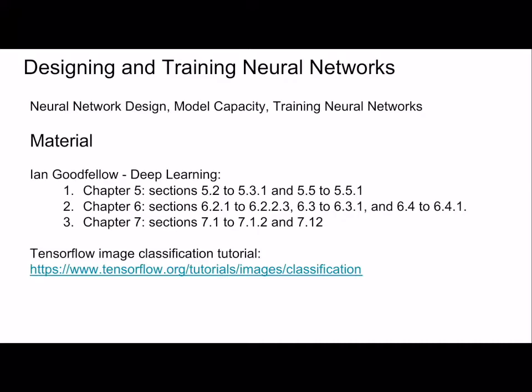And the good thing is that this TensorFlow tutorial is very well explained. There are a lot of comments, so it should be easy for you to understand. But you can also email me questions if you have them. This is just to reinforce a little bit your knowledge on neural networks and to try to show you how they are used in practice.